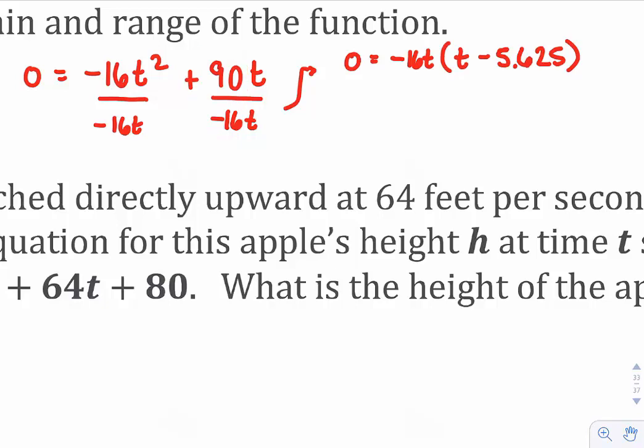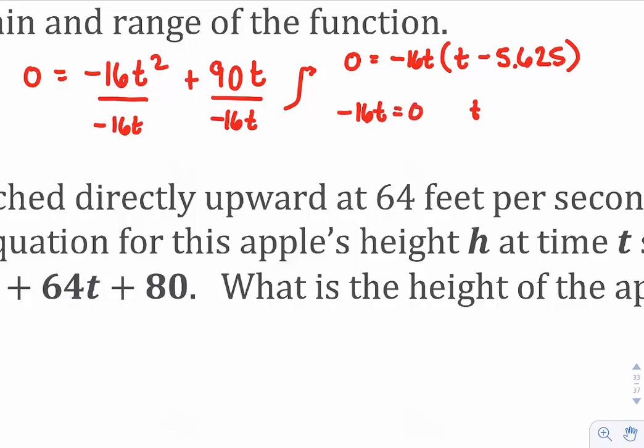So now when I solve this, I'm going to get negative 16t, and I'm going to get my second equation, which is t minus, well actually, let me go back and do this. Sorry, my first equation, what you're going to do is take your factors, you're going to set them both equal to 0. So negative 16t equals 0.